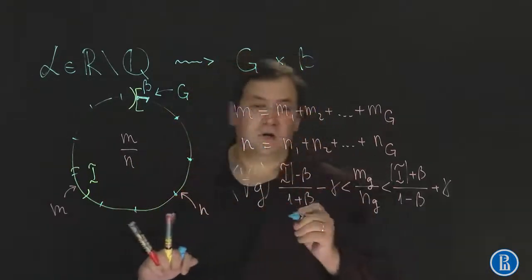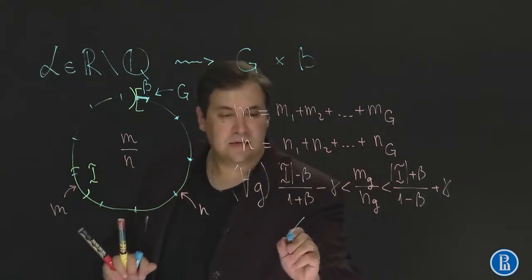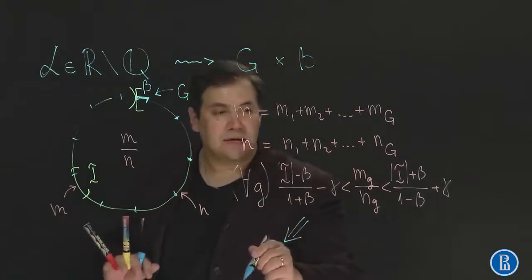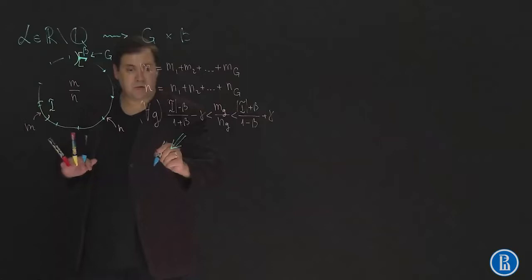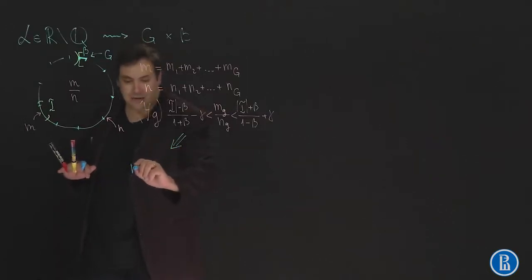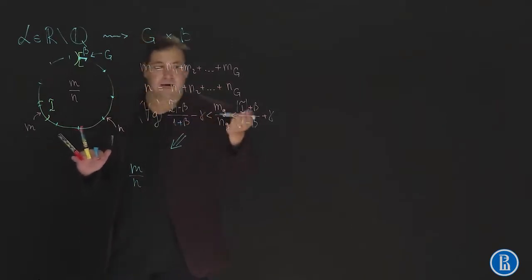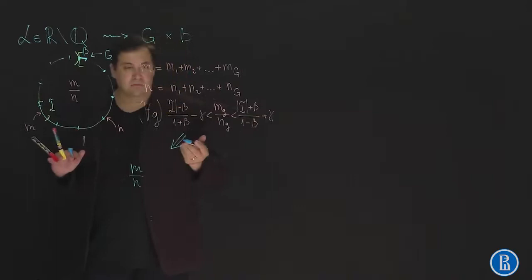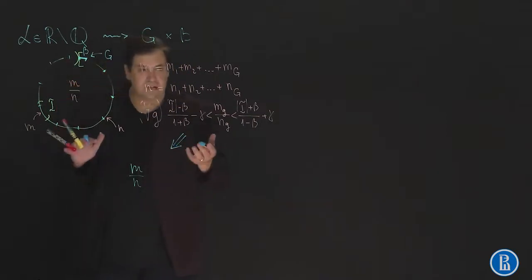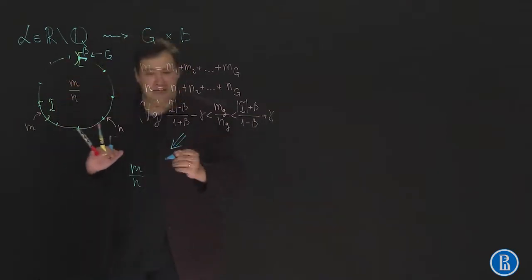But from this it follows that m and n satisfy the same inequalities, because the left-hand side here and right-hand side here do not depend on g.